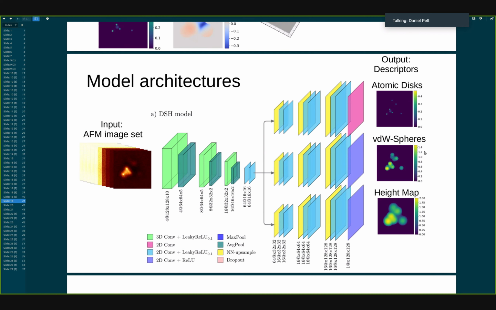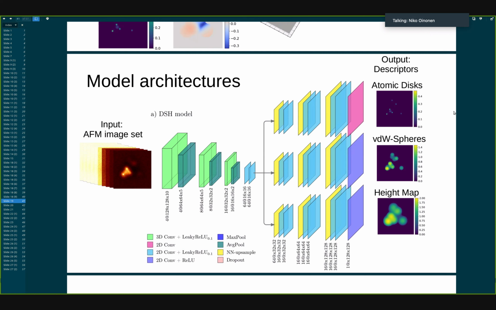You mentioned that for the atomic disk, you had to remove the ReLU because otherwise it wouldn't work. I think this could be related to that, because it's a much smaller training signal. In other words, the network can just give a 0 image for the atomic disk and you're not penalizing it very much, compared to doing a 0 for the height map, for example. Yeah, and I think that is exactly the reason why it easily got stuck in that way.